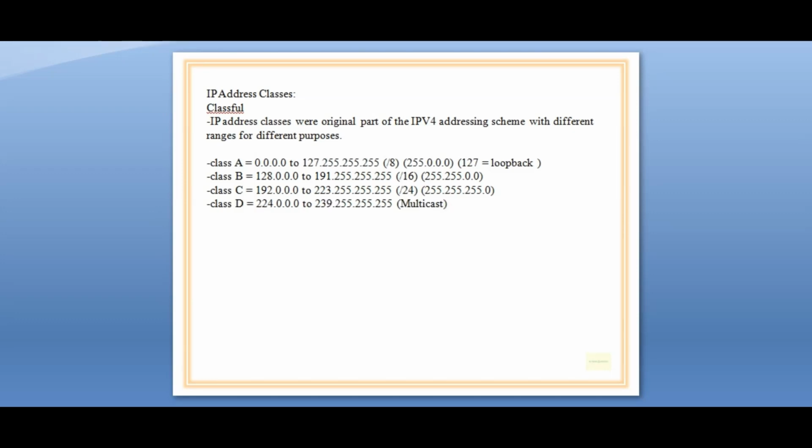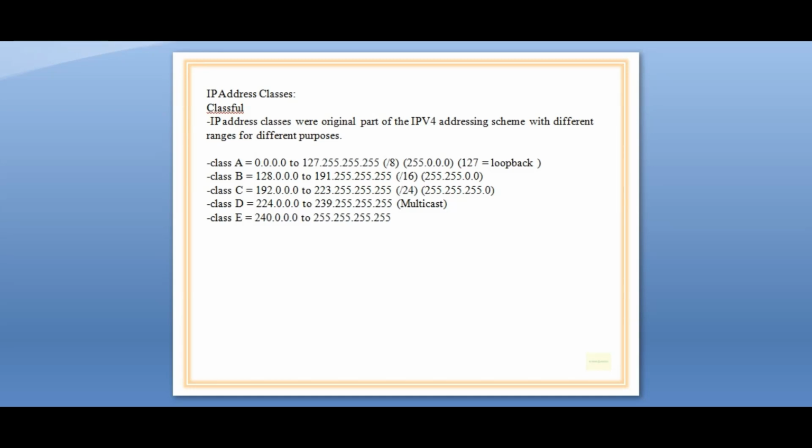Fourth is class D IP addresses, which range from 224.0.0.0 to 239.255.255.255. Class D addresses simply specify the first octet in the range of 224 to 239, indicating that it belonged to class D. They were and are still used for multicast addresses; for example, your OSPF multicast addresses 224.0.0.5 and 224.0.0.6 fall in this range.